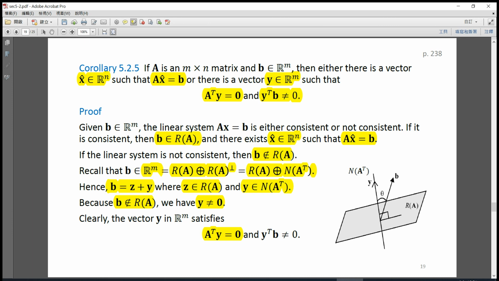The second condition, y transpose b is not equal to 0, because y transpose b equals y transpose z plus y transpose y. Y transpose z is 0, and y transpose y is greater than 0 because y is not the zero vector, and the proof is finished.